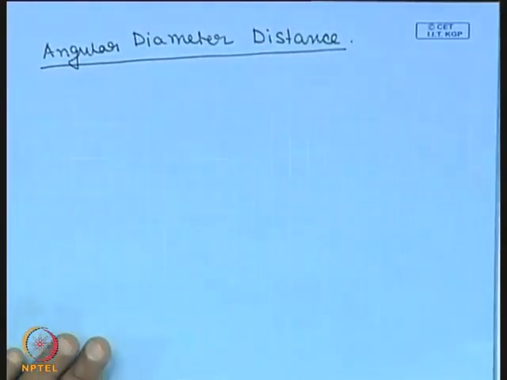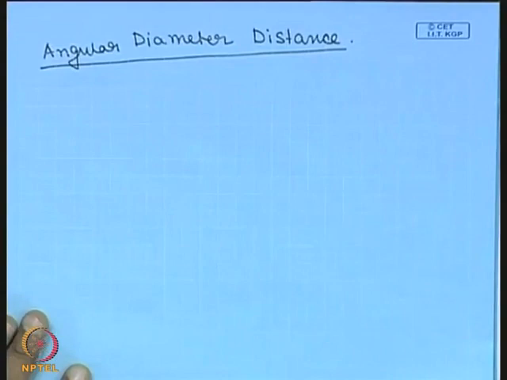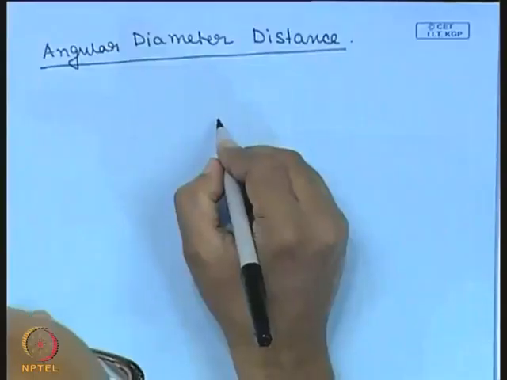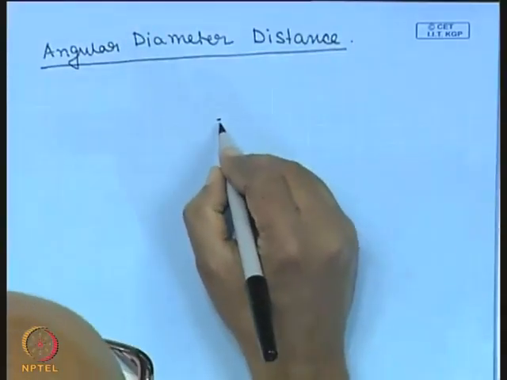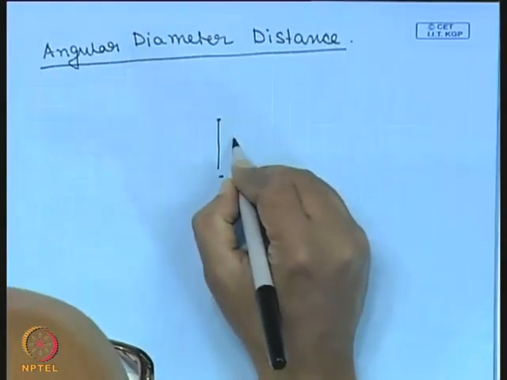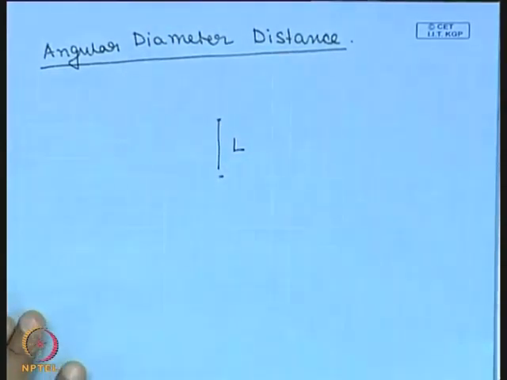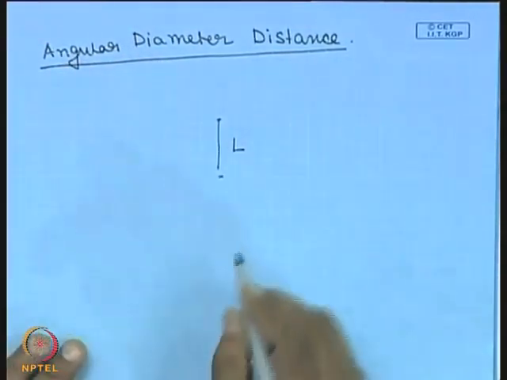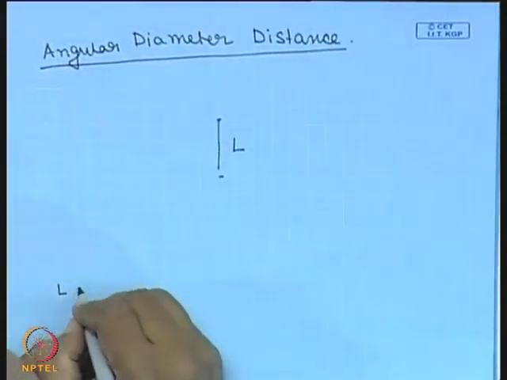How is the angular diameter distance defined? Suppose I have some object whose actual physical length is known. Let us say it is L. So its proper length is known. Such an object is called a standard ruler.